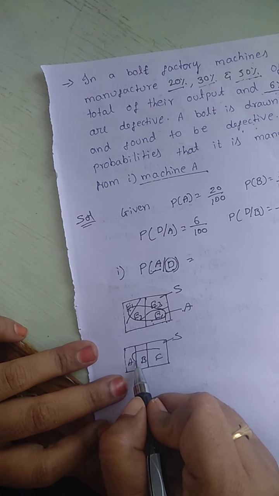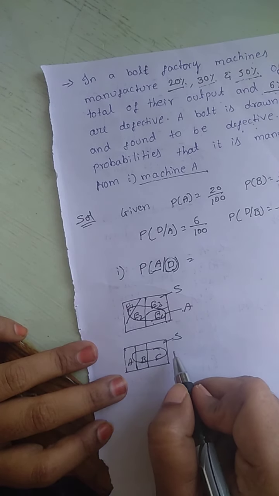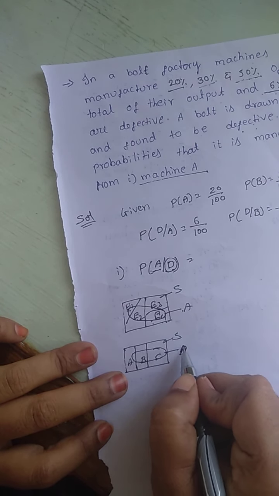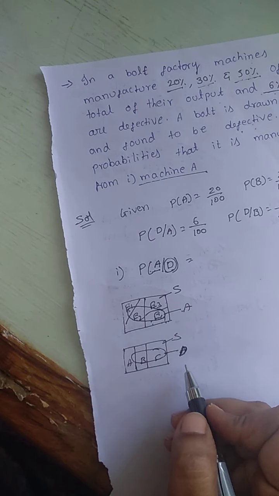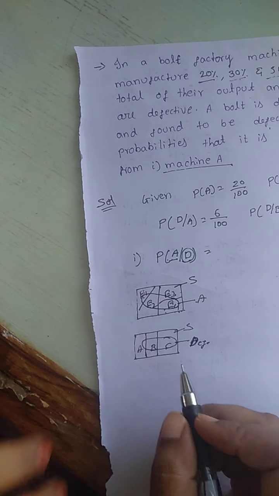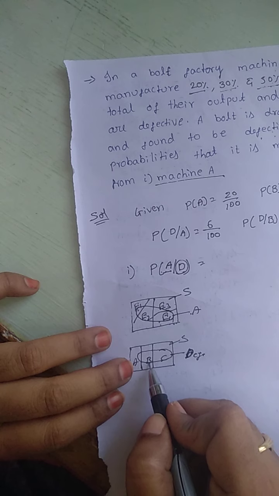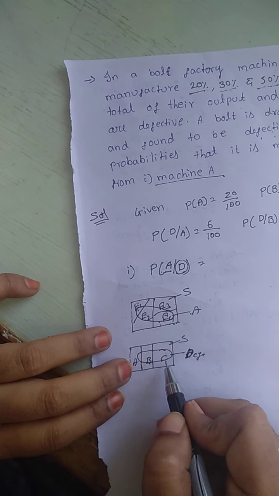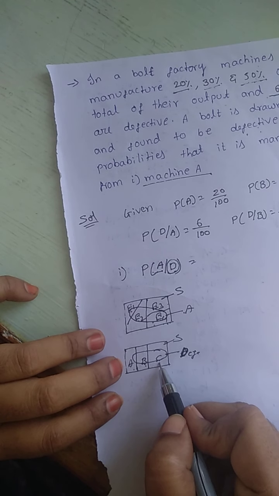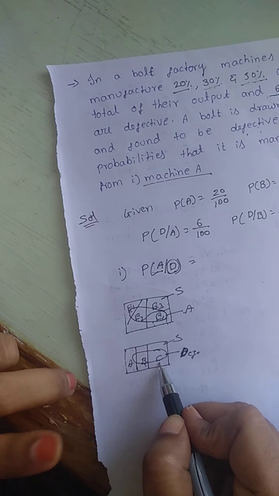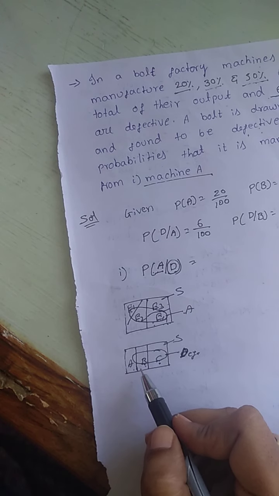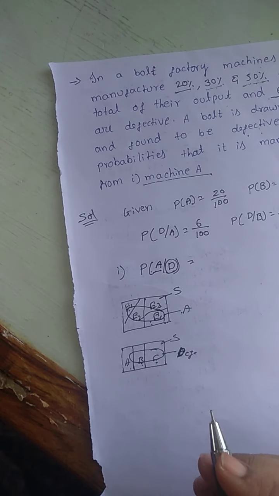Coming to the second rule, these 3 events are subsets of D, where D means defective. In machine A there are some defective bolts, in machine B there are some defective bolts, and from machine C also there are some defective bolts. So E1, E2, E3 are disjoint events, rule 1 is satisfied, and the arbitrary event is related to all the sample space events, so rule 2 is also satisfied.